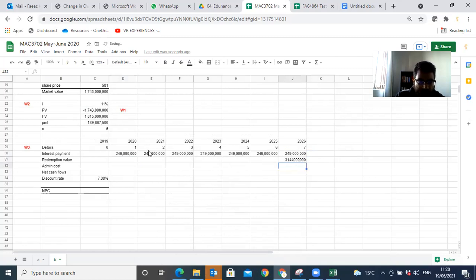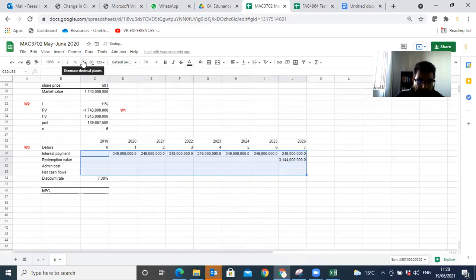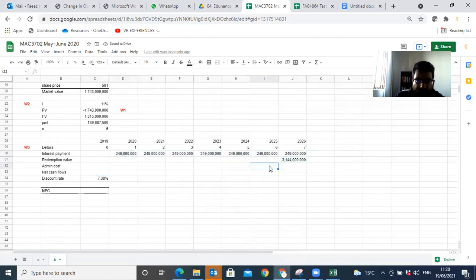I don't want to have problems, so that is why I do this. And then the admin cost was 15 million, also converted to its full number. So now I can work out.